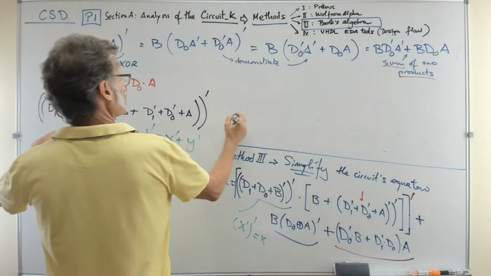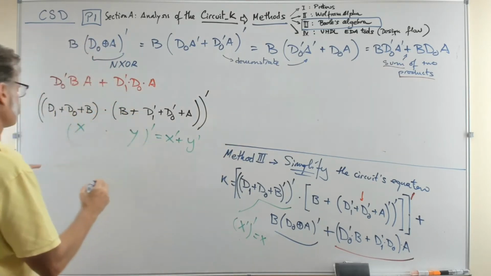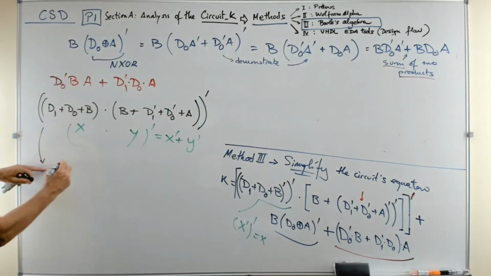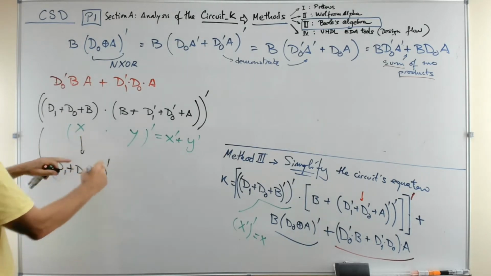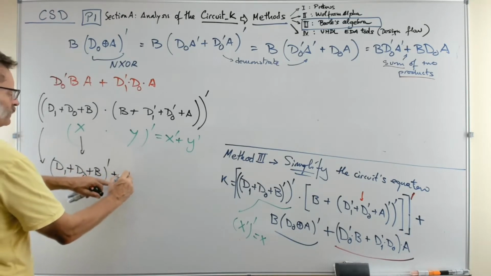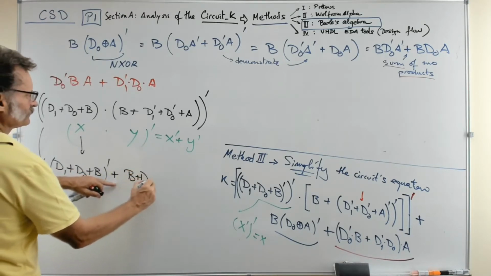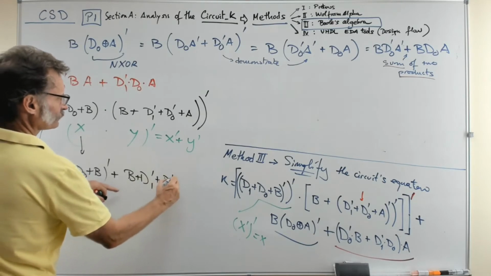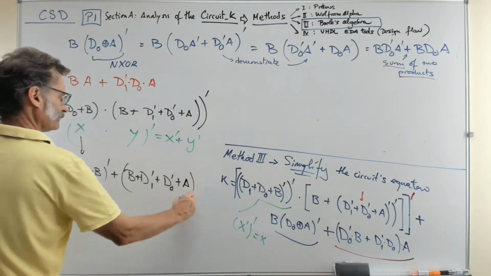So this expression is going to be, you can very well continue here, d1, d0, b not, because this is what we call x, or b, d1 not, d0 not, a not. That's it.